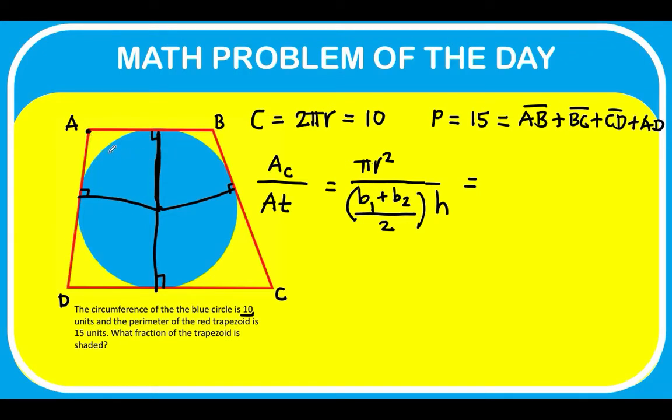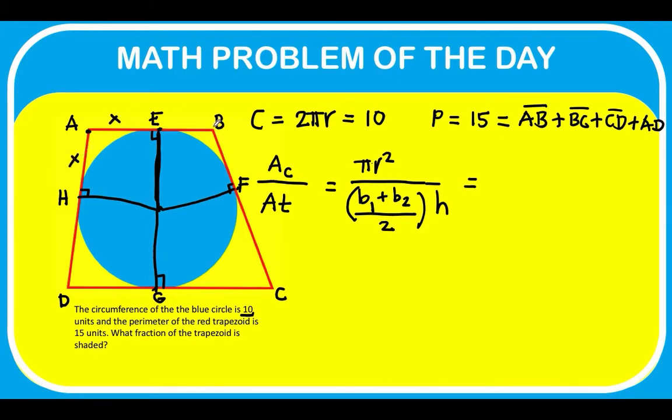Using the two tangent theorem, if we call this point E, this is point F, point G, and point H, then we can say that the length of segment AE is equal to the length of segment AH. Let's call this length AE equal to x. That means this is also x here.